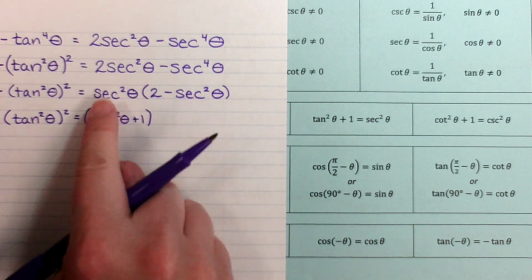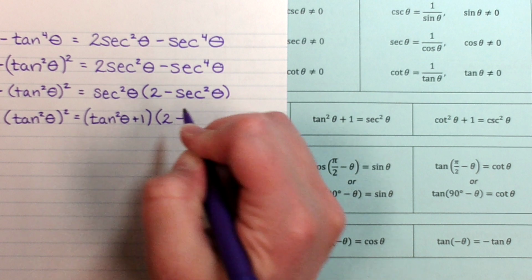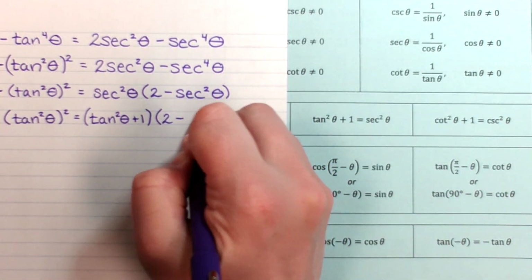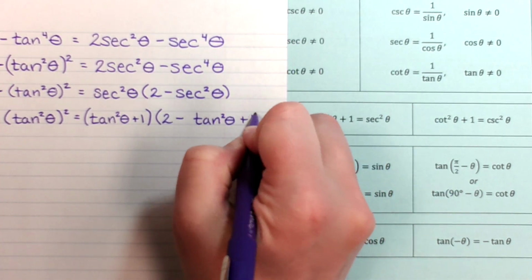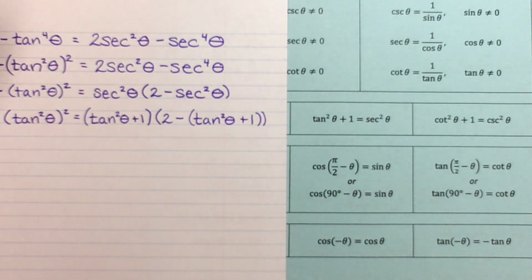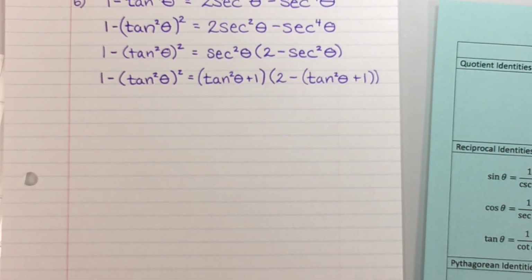Since I'm replacing a single term with a double term, I'm going to need some parentheses to make sure that I put all of the multiplication where it belongs. 2 minus secant squared becomes 2 minus the quantity tangent squared plus 1. That didn't become the prettiest thing in the world, but at least it's all tangents now.